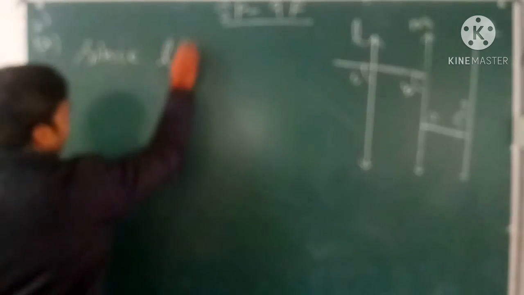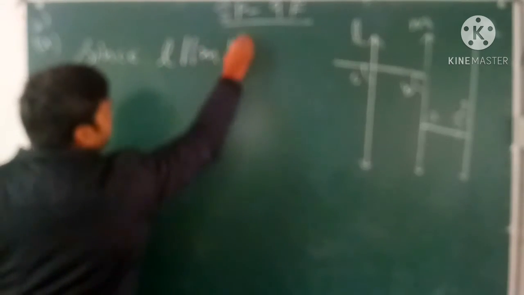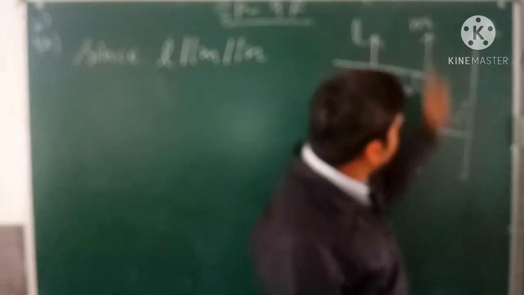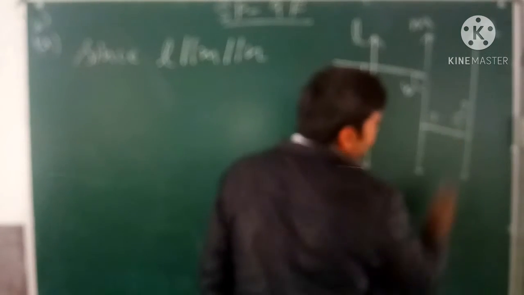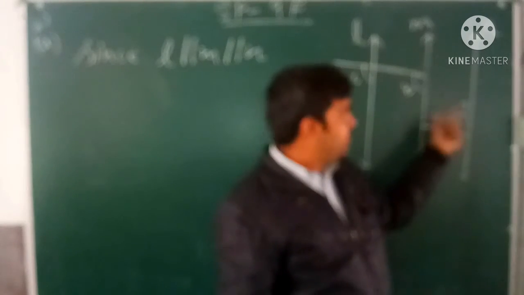So you can write since L is parallel to M and M is parallel to N. These all are parallels given. Now here you can see these 2 lines are parallel, this is a transversal. So both angle A and 85 degrees are lying on the same side of the transversal. So this is the co-interior pair.